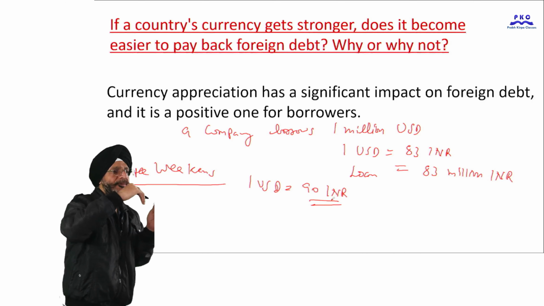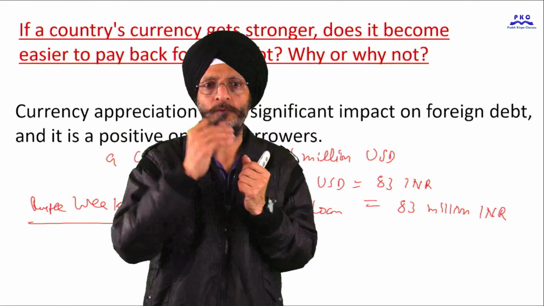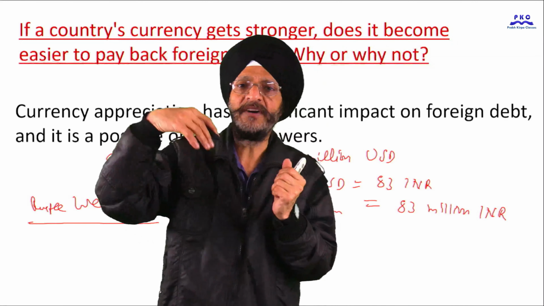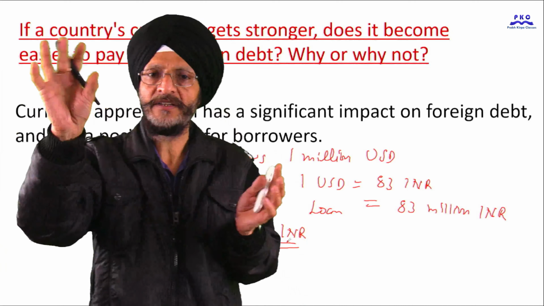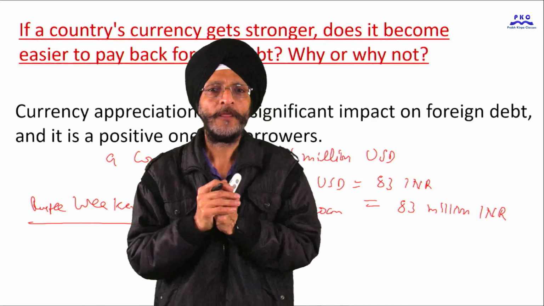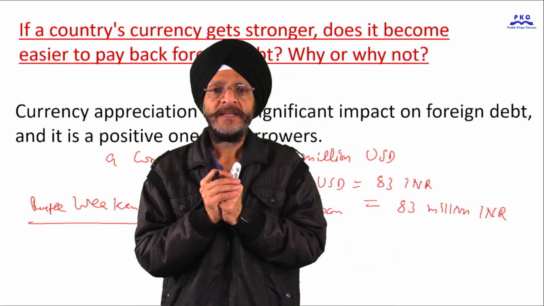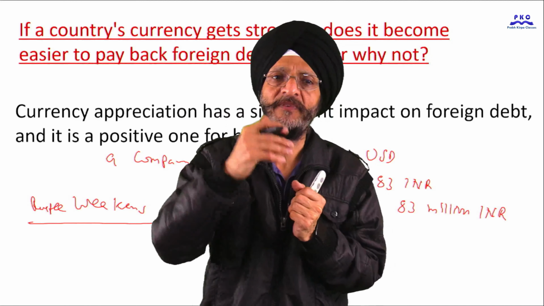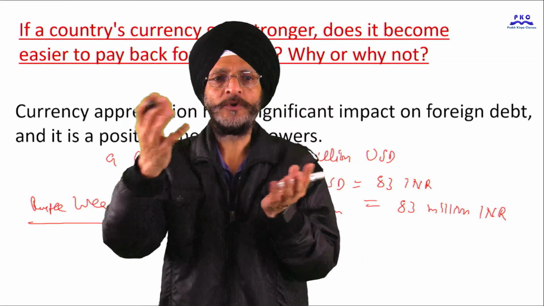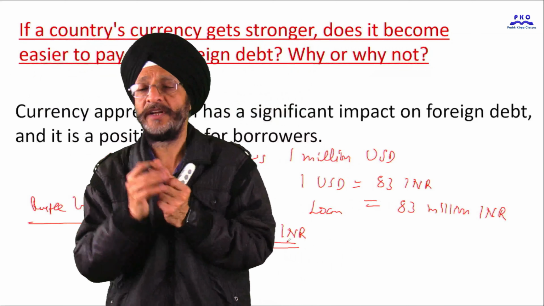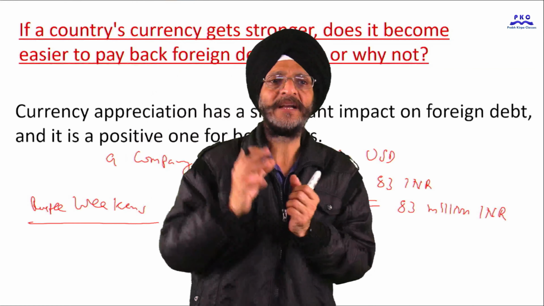If the company or government of India wants to pay back the loan, they will have to pay more, because earlier they would have paid 83 million Indian rupees plus interest after adjustment or something like that. But when the rupee has weakened, if the Indian company or the Indian government wants to repay the loan, it will have to pay more, say approximately 90 million Indian rupees. So more will have to be paid by the Indian company to pay back the loan.